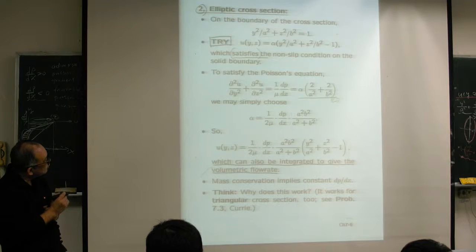So alpha is a constant. As you can see, mu is a constant, dp dx is constant, a and b are all constant.